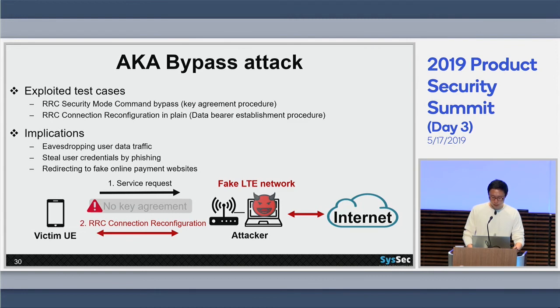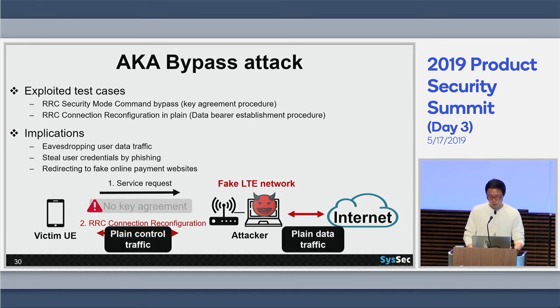We identified that some baseband chipsets allow data session establishment in plain text without the key agreement procedure. Then both control plane and user plane traffic can be eavesdropped by the attacker. The attacker can also steal user credentials by phishing and redirecting to fake online payment websites and so on.